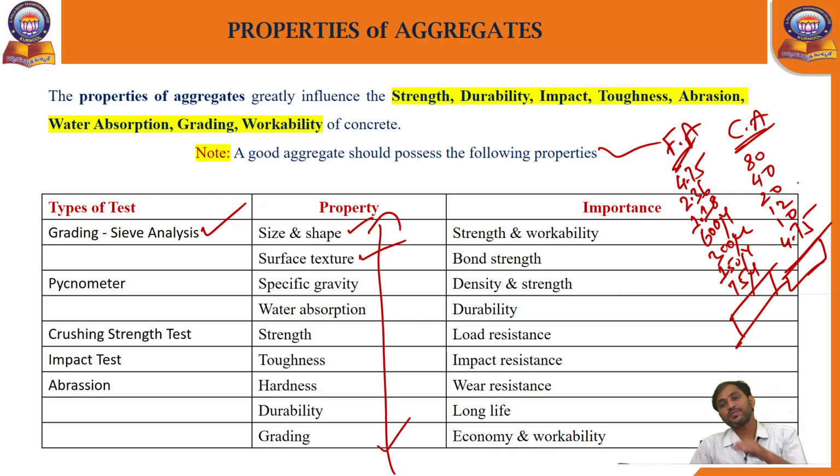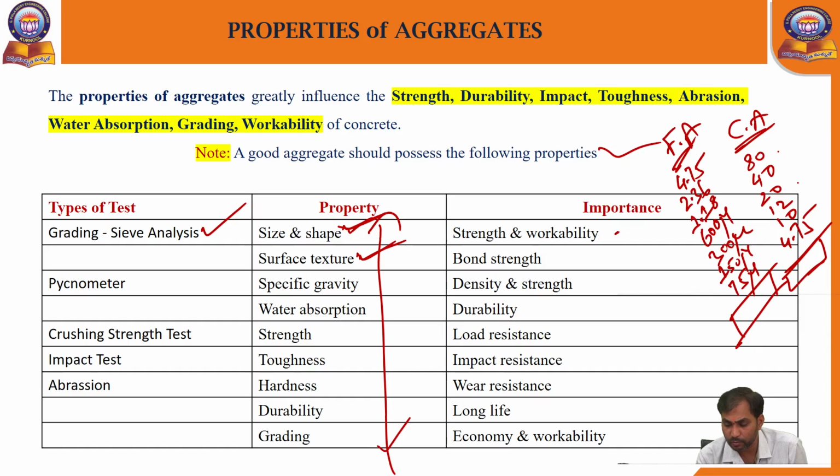These are the set of sieves arranged for fine aggregates. After sieving for 10 to 15 minutes, the different size particles of the aggregates will be retained on different sieves. Then we get all the weights and calculate, and we draw the grading curves. Here we get the shape, the size and the surface texture of the aggregate.